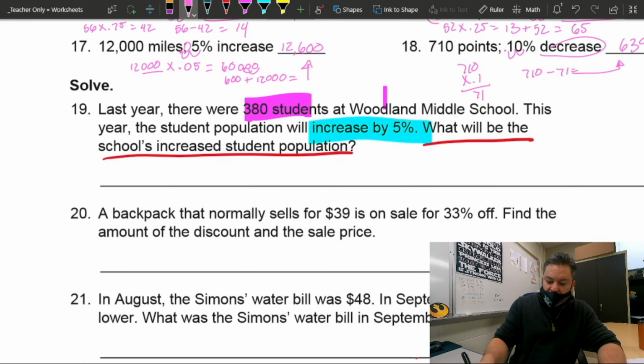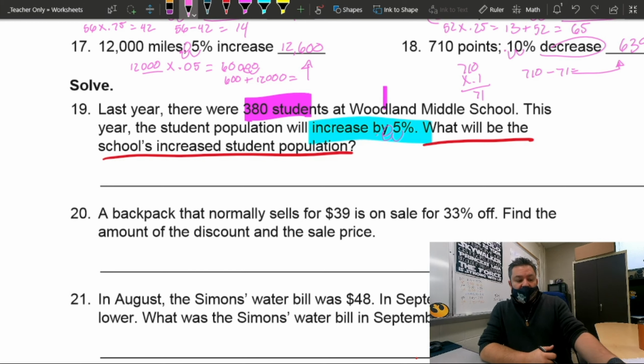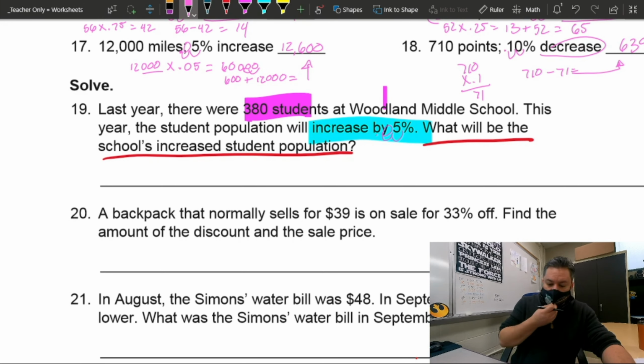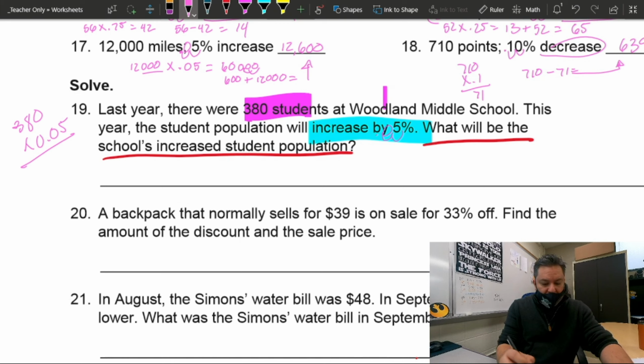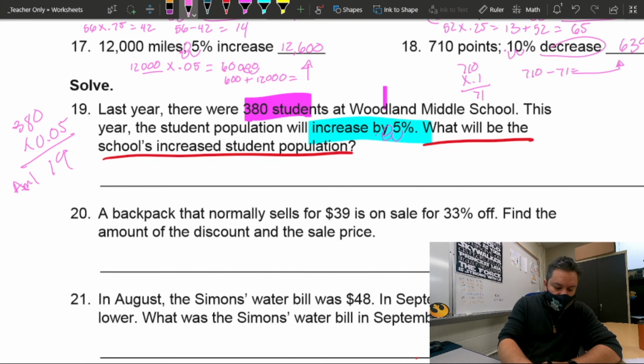Step 2, I'm going to convert my percent into a decimal. 1, 2. So this is 0.05, not 0.5, 0.05. So I'm going to multiply those two numbers, 380 times 0.05, and I'm going to get 19. So this is going to be my amount of change.